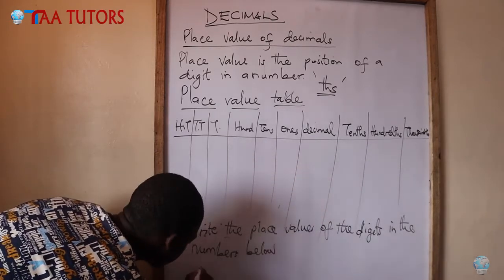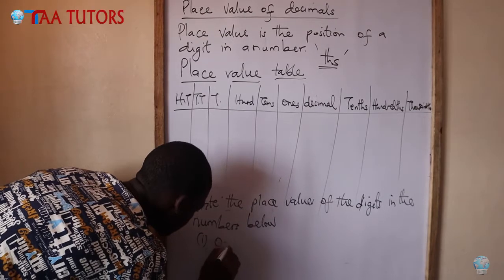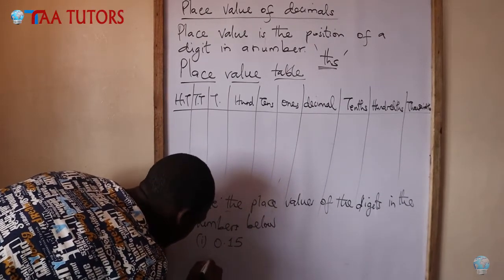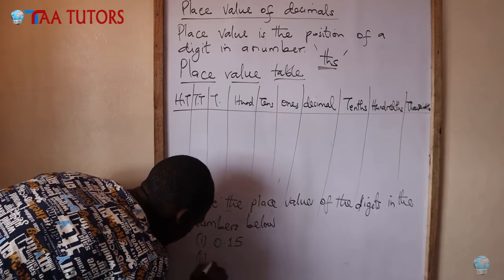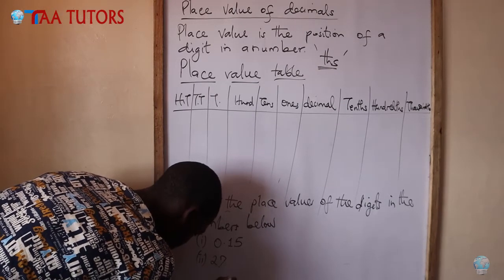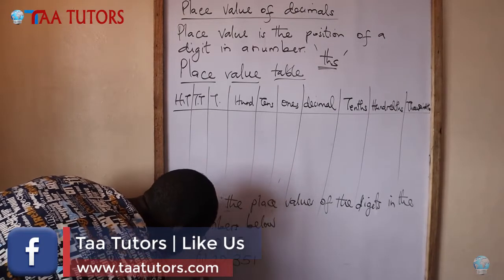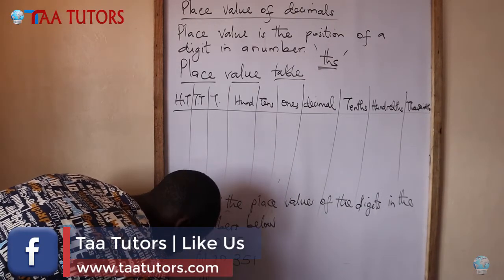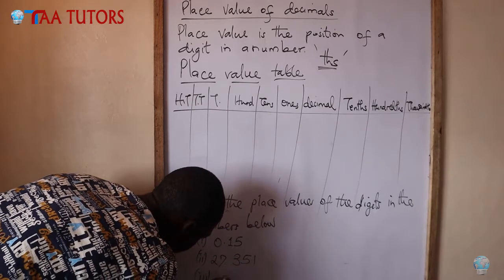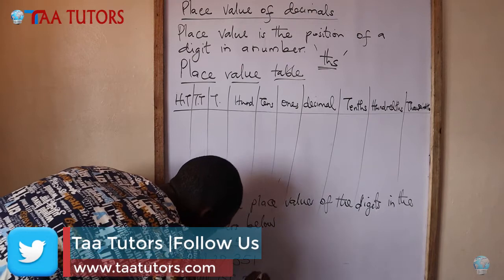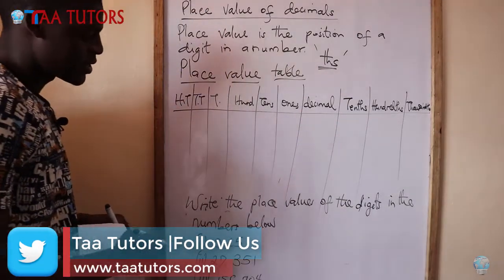The numbers we have, number 1 is 0.15. Then we have number 2, 27.351, and the third one we have 156.704.